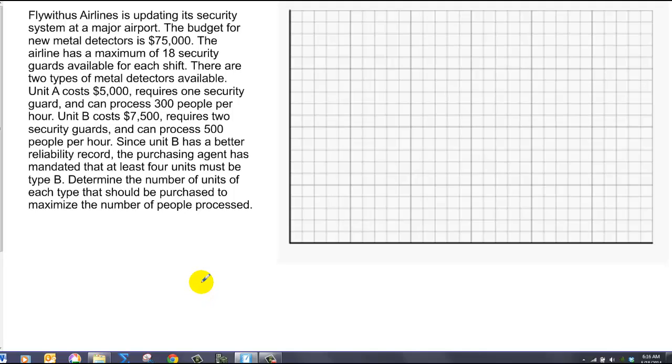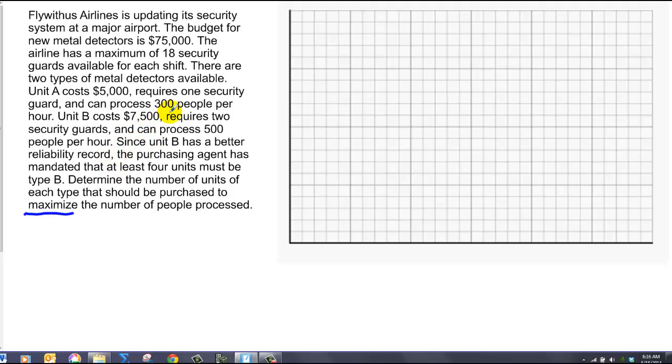So this last problem will be a little more difficult because we introduce one more constraint to the problem. Reading through, we find out we're trying to maximize the number of people processed. So let's look for information regarding people.